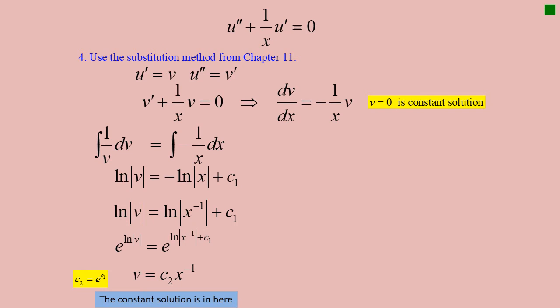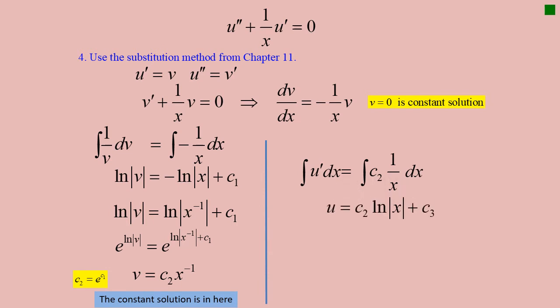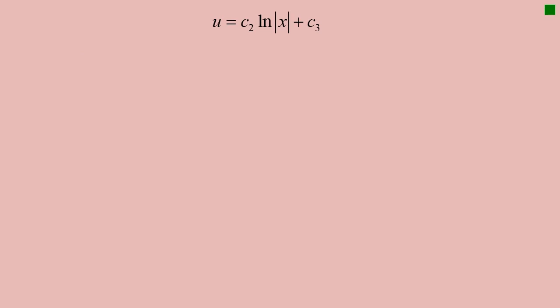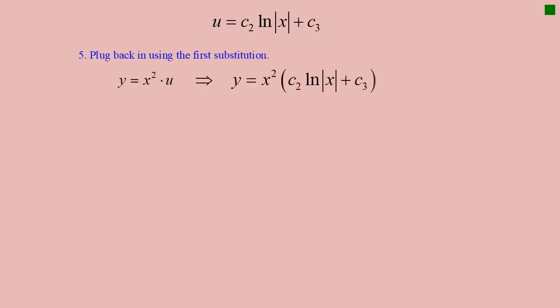So in place of the v, we'll use u prime, we'll integrate that, and finally we'll take this u and combine it with the x squared to get our solution.